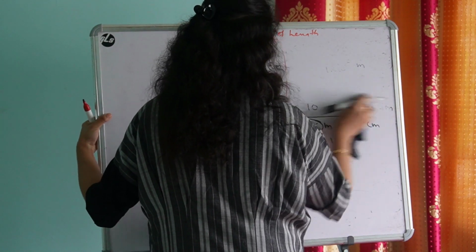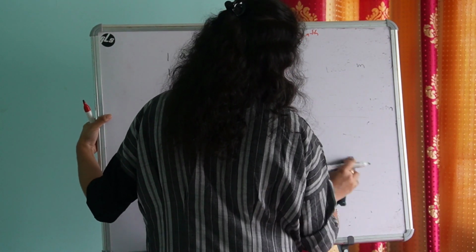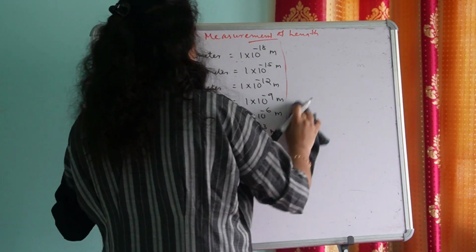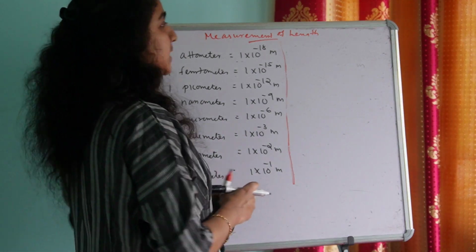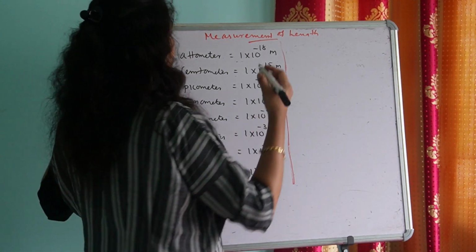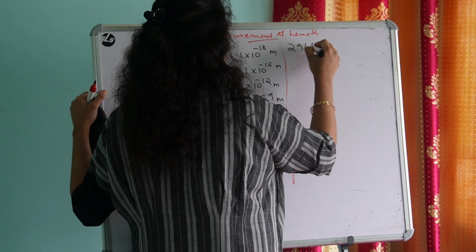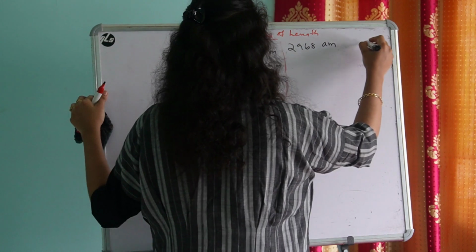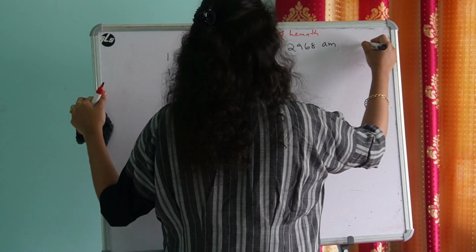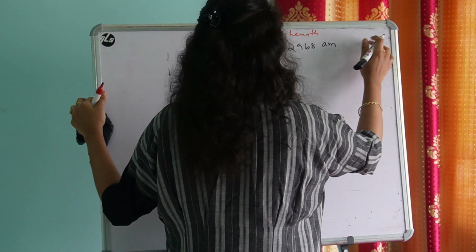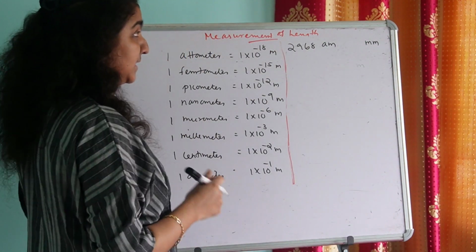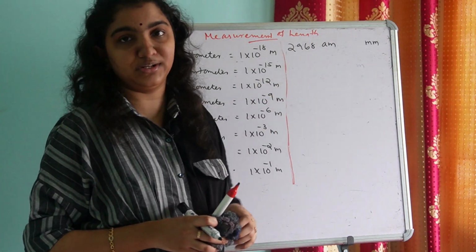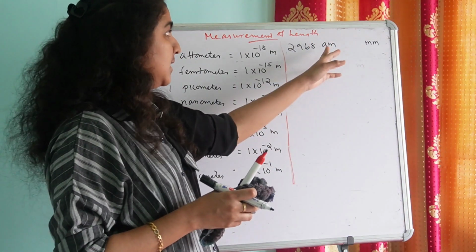Now suppose you are given a value in attometer, and instead of meter, you are asked to find the value in any of the other units. Suppose the value is given as 2968 attometer, and you are asked to find the value in, for example, millimeter. Here there is no direct relationship connecting these two units.